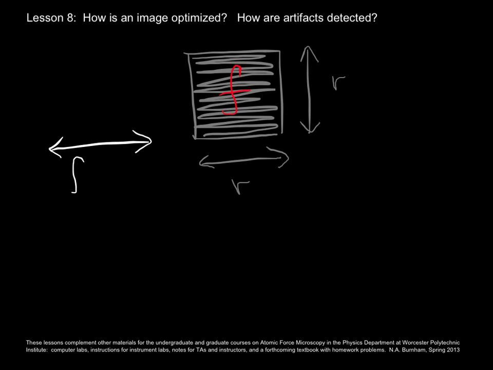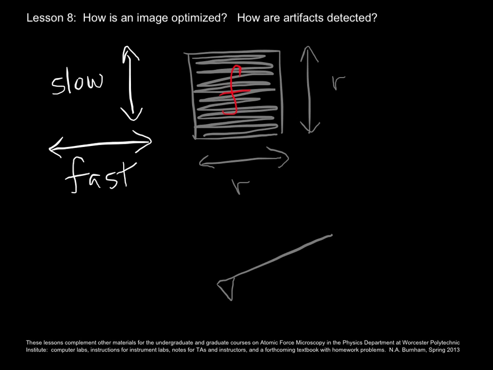This is the fast scan direction. This is the slow scan direction, the way I drew the path of the tip there. You'll also set your set point force, which is essentially the deflection of the cantilever that the feedback loop is going to be holding constant.